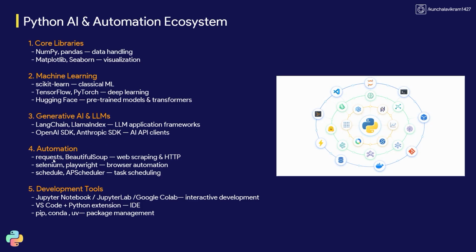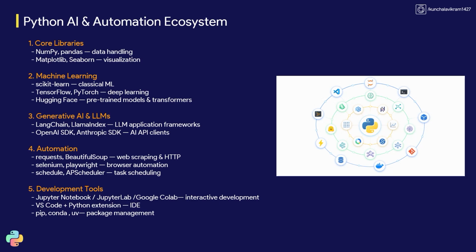For automation, we have libraries like Requests and Beautiful Soup for web scraping and HTTP. Selenium and Playwright cover browser automation, and libraries like Schedule or APScheduler manage task handling. And for your development tools, we also have Jupyter Notebooks, JupyterLab, and Google Colab for interactive development environments.